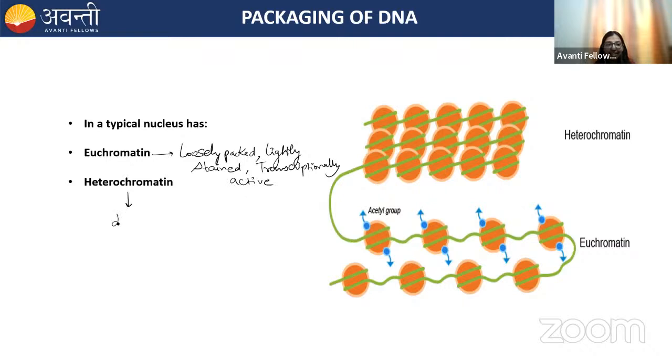Whereas heterochromatin is densely packed chromatin. Because it is densely packed, it appears dark in color, so it is darkly stained, and it is transcriptionally inactive.